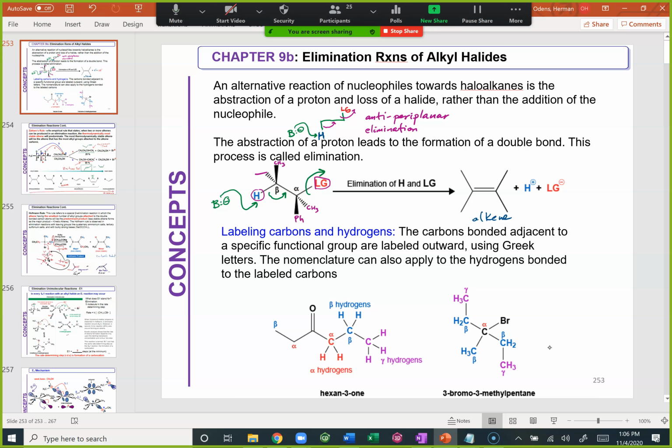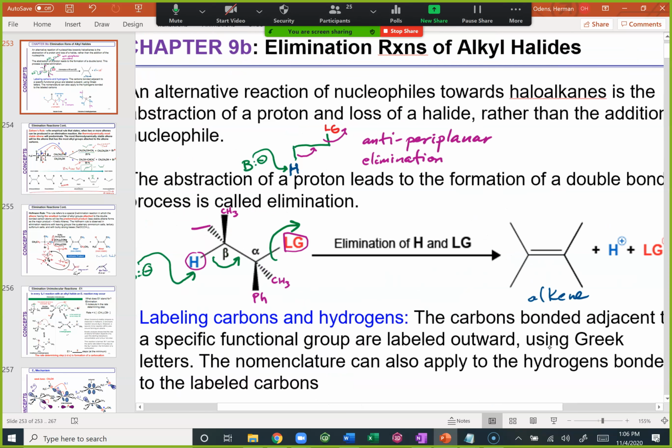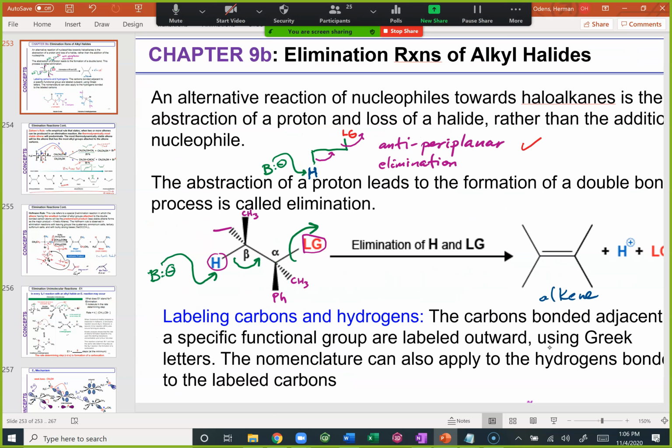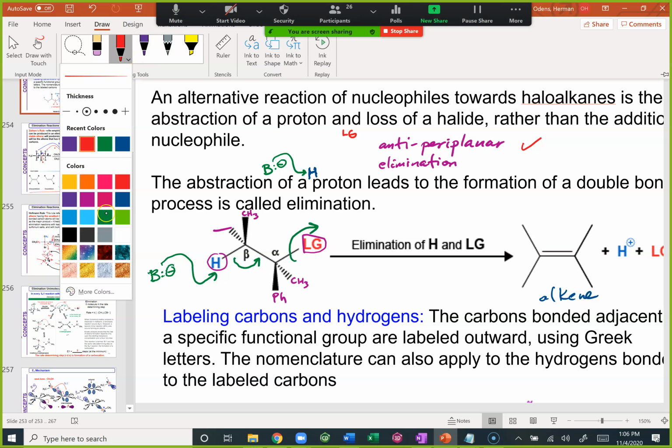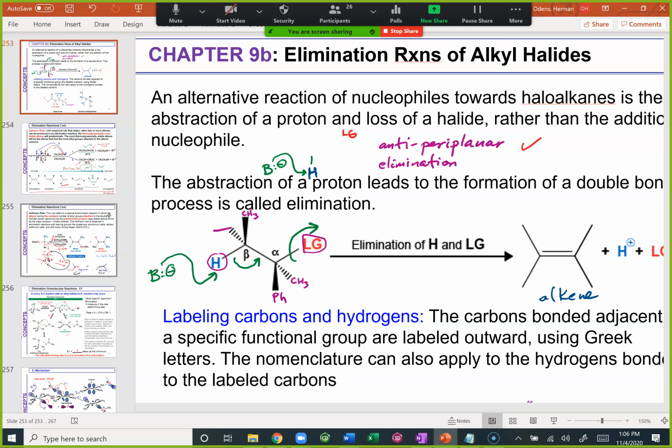That elimination is known as an anti-periplanar elimination. So anti-periplanar means that the hydrogen that is being taken will be 180 degrees on the plane.